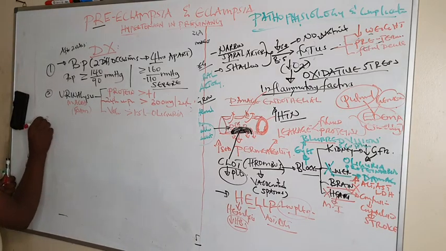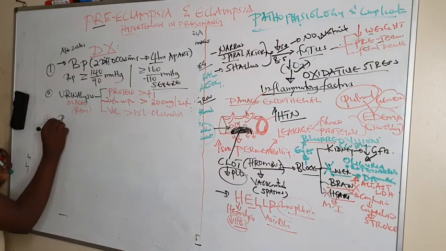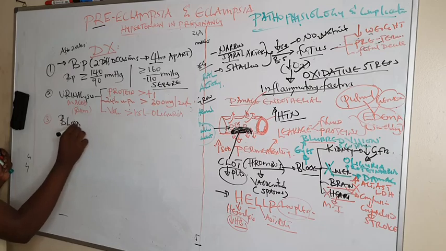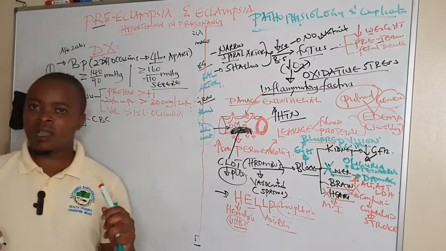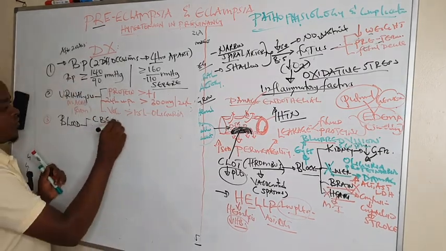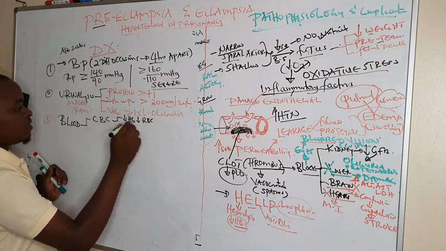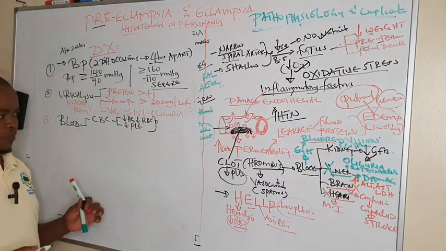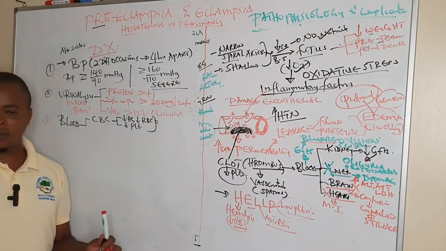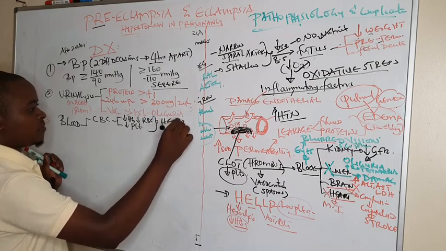Then another one, we can collect blood. On blood we can do a full blood count or a complete blood count. And if we find there is reduced HB, reduced RBC count, and reduced platelet count, this shows there is formation of coagulation or clotting. So this shows that there is HELLP syndrome.